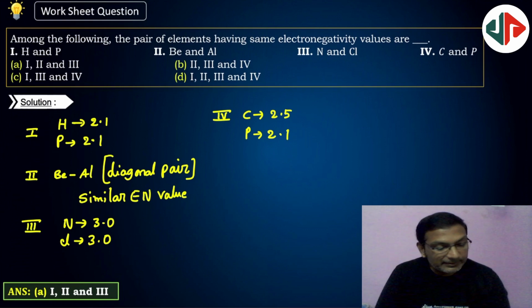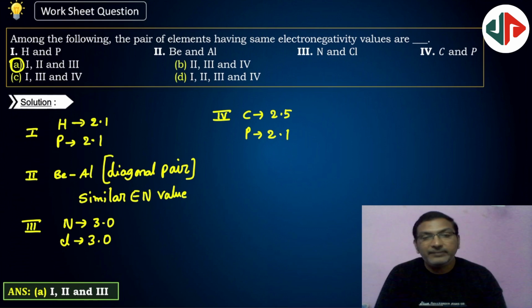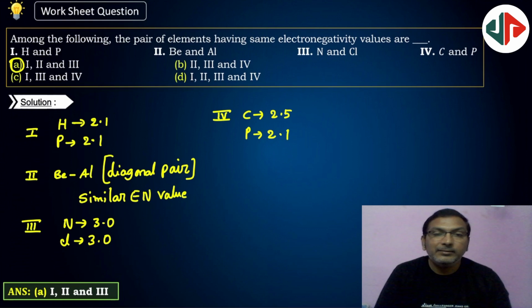Therefore, options 1, 2, 3 are having same electronegativity values. So, option A. This is also important. So, diagonal pair of elements will be having similar electronegativity. No need to check values. For remaining elements, remember these values. Very, very important.